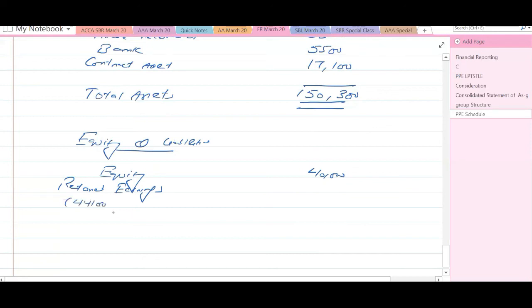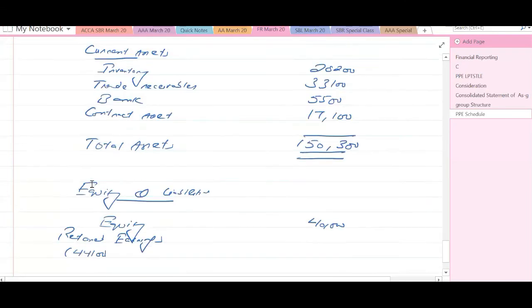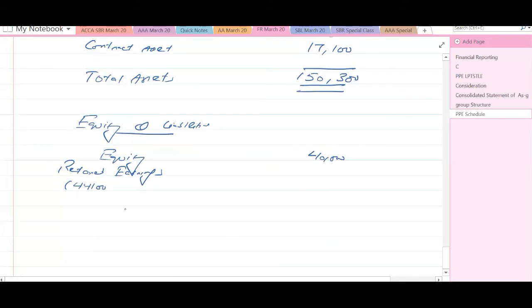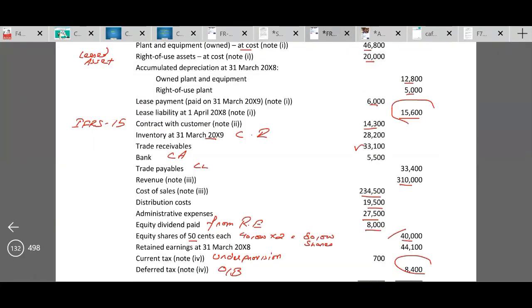You add the profit to it, which was 19,852 profit for the year, and the dividend was 8,000.